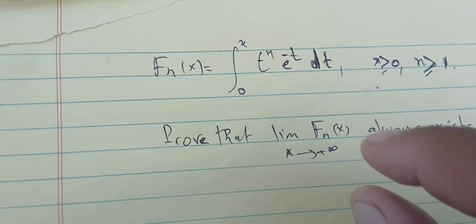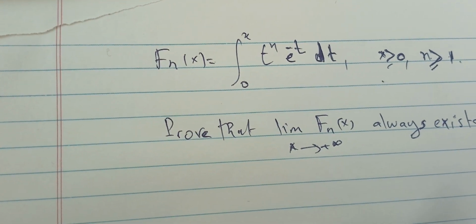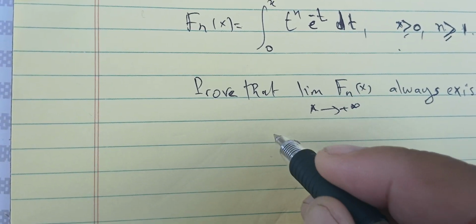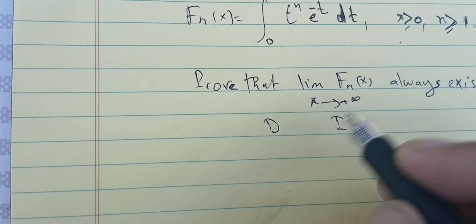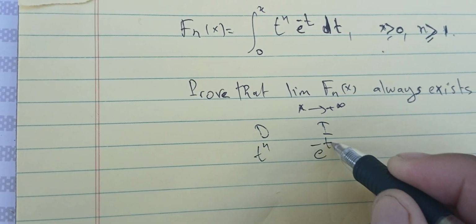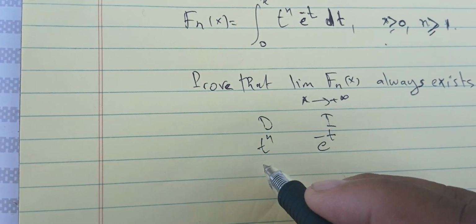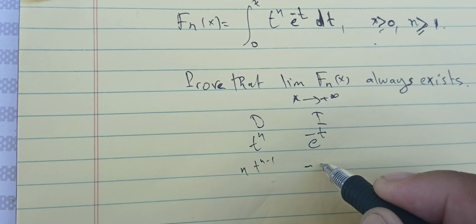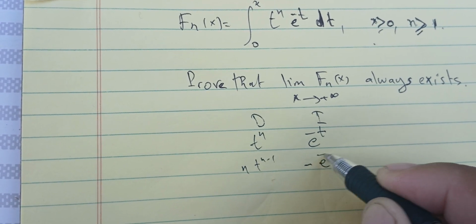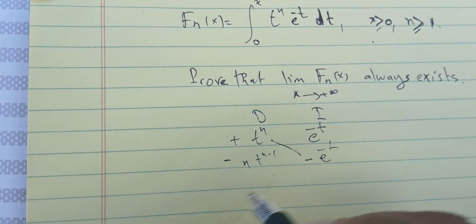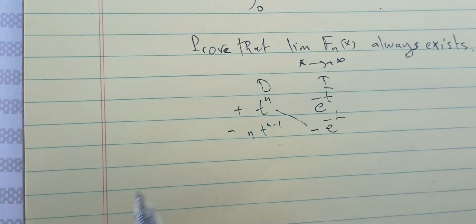To have that, we're going to use an integration by parts. First, we're going to differentiate t to the power n, and we're going to integrate e to minus t. Here we have n t^(n-1), and here we have minus e to minus t. Therefore we get our formula here.